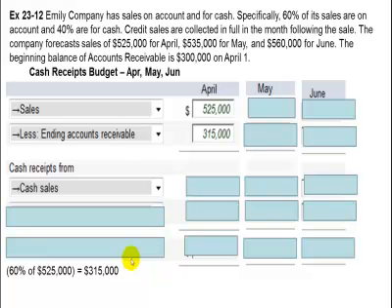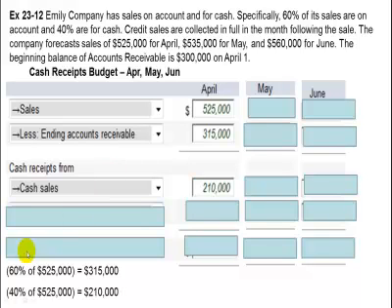Next, cash receipts from cash sales. We'll collect all of the cash sales for April. So if our total sales for April are $525,000, $315,000 of them is going to be on credit, so we won't collect those in April, but we will collect the cash sales in April, so that'll be $210,000, and that's 40% of that $525,000.